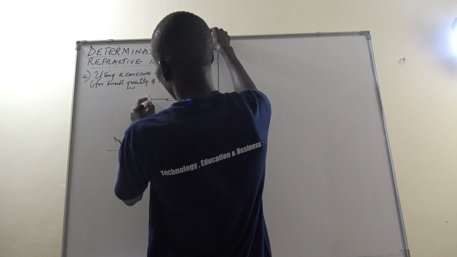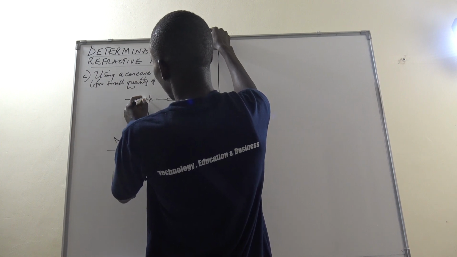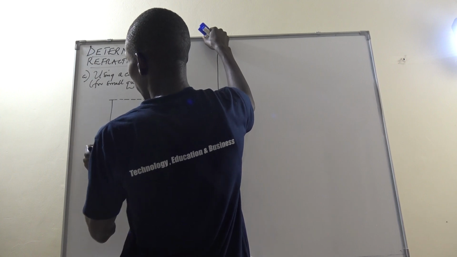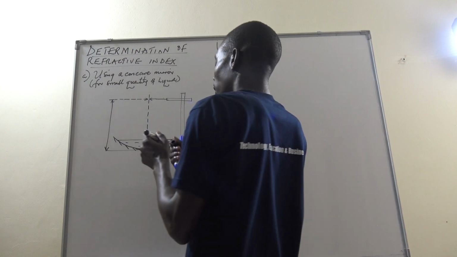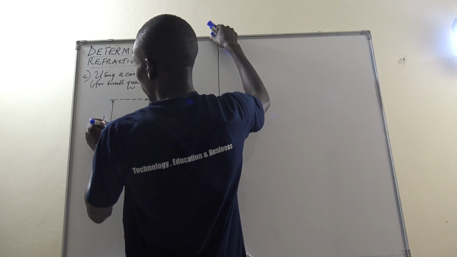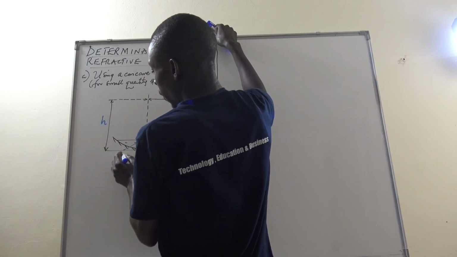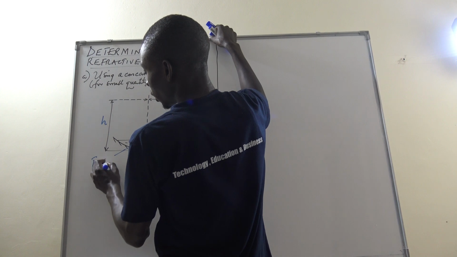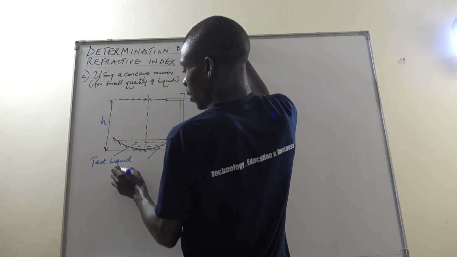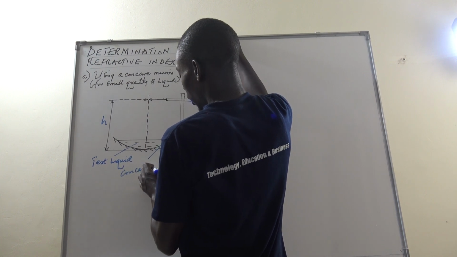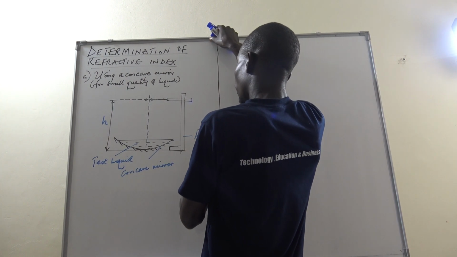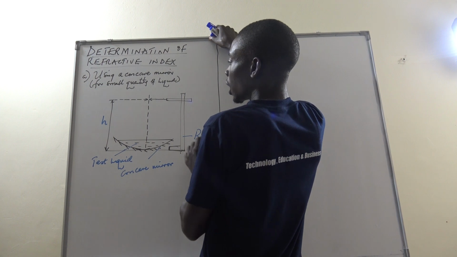So if this is my object, this is the image, and if this height is H, this is our test liquid, and this is my concave mirror, and this is a retort stand with a clamp.